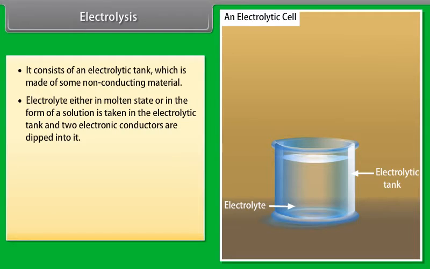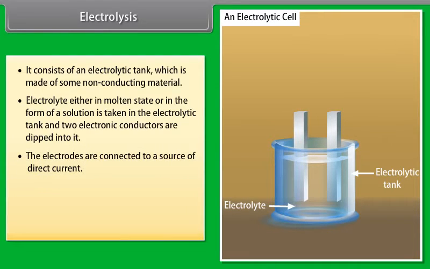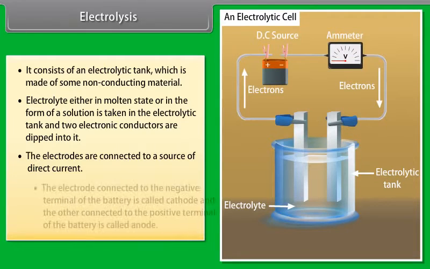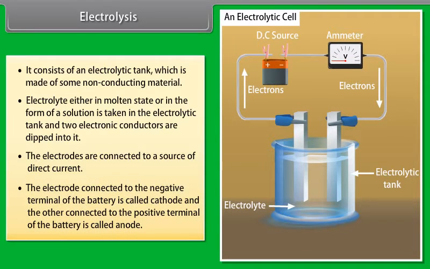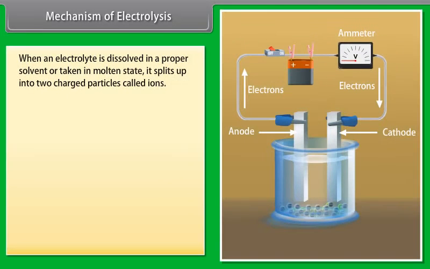Electrolyte, either in molten state or in the form of a solution, is taken in the electrolytic tank and two electronic conductors are dipped into it. The electrodes are connected to a source of direct current. The electrode connected to the negative terminal of the battery is called the cathode, and the other connected to the positive terminal of the battery is called the anode.